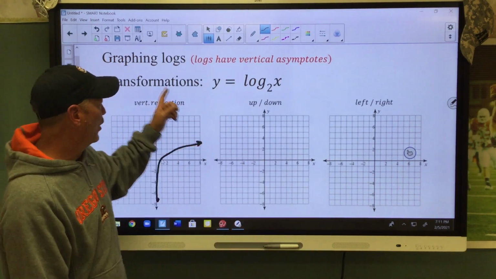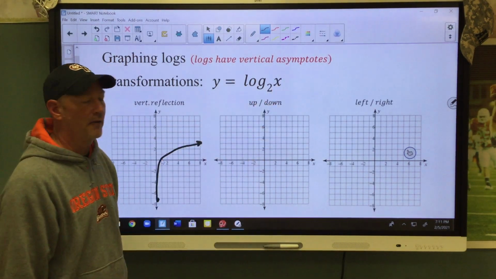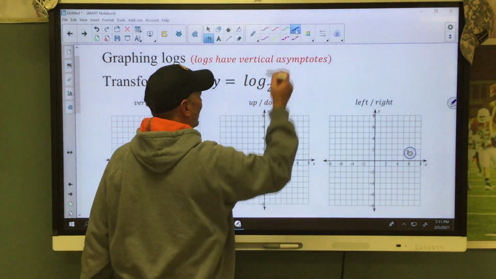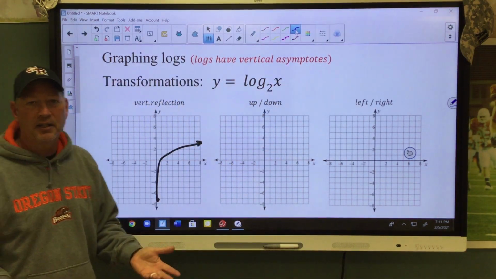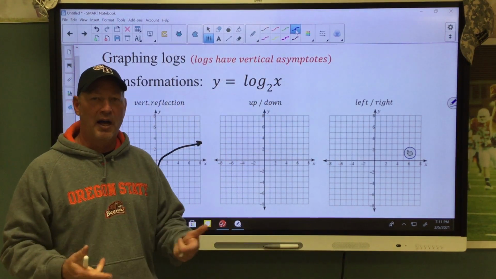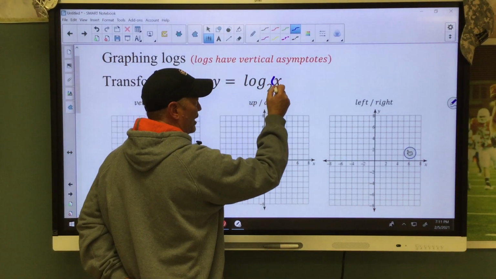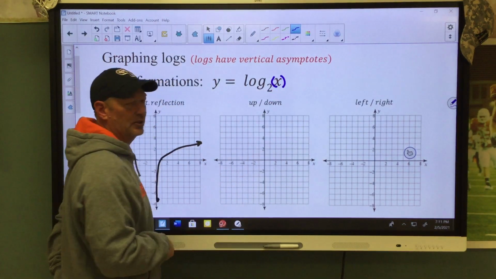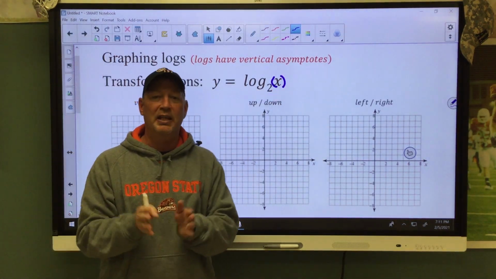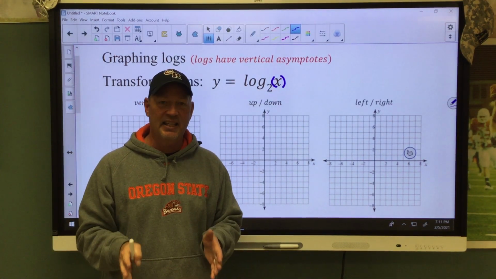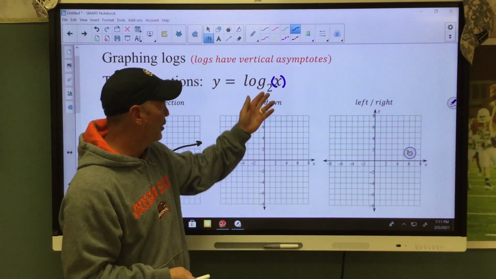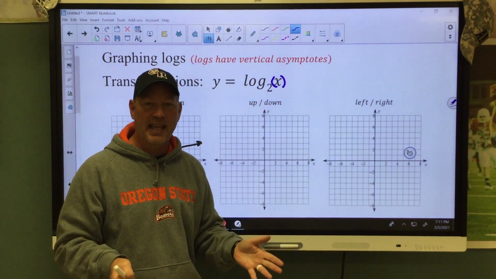Okay? But this vertical asymptote thing, let me talk to you about a vertical asymptote. How do you find it and what is it? To find the vertical asymptote, I'm going to ask you to take this portion. A lot of times we're going to have this in parentheses. You're going to take whatever is in parentheses and set it equal to 0. So on this problem, there was nothing with the x.